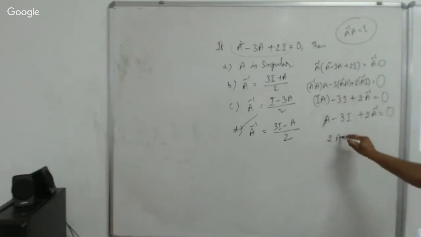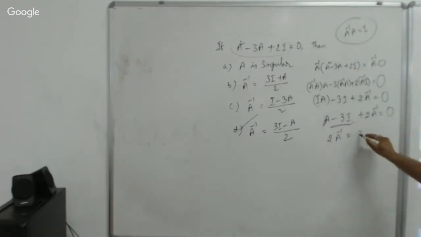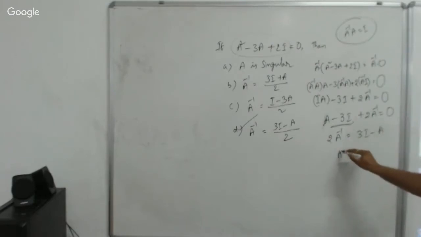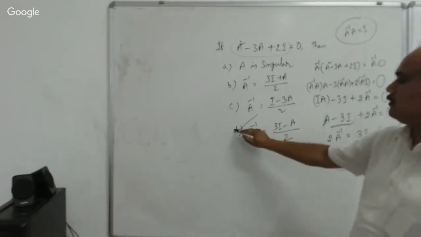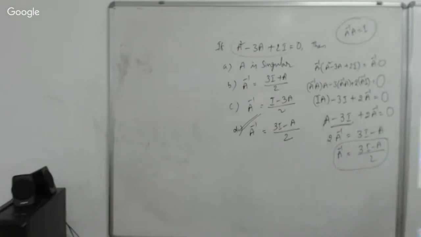Now 2 into A inverse equal to, taking these two terms to the right hand side, 3I minus A. Now A inverse equal to (3I minus A) upon 2. That is the answer. Very good. D is the correct answer.